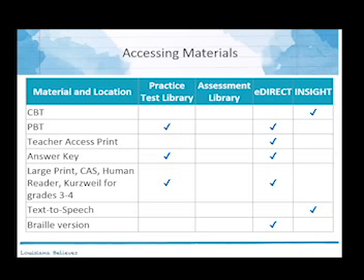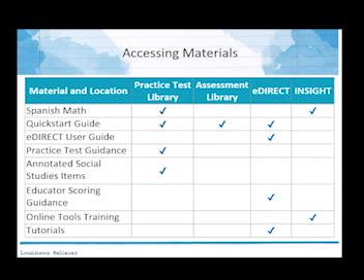So the computer-based practice test is only in Insight. The paper-based practice test for grades 3 and 4 is in the practice test library and in eDirect. And you can see where each thing is. So again, for more materials, you'll see that some of them are located in multiple places, and that can be helpful.